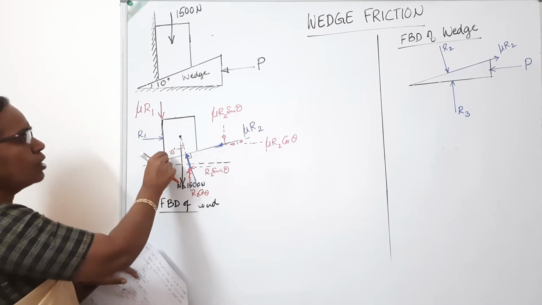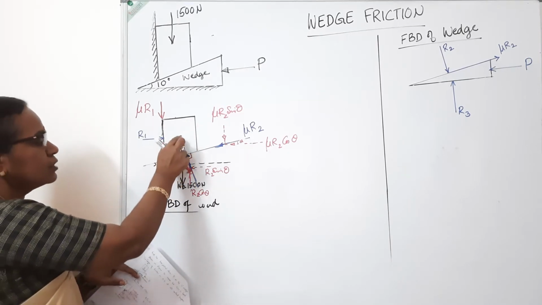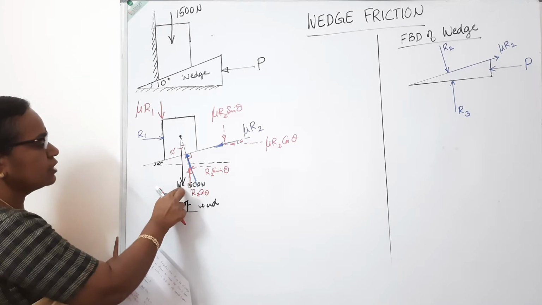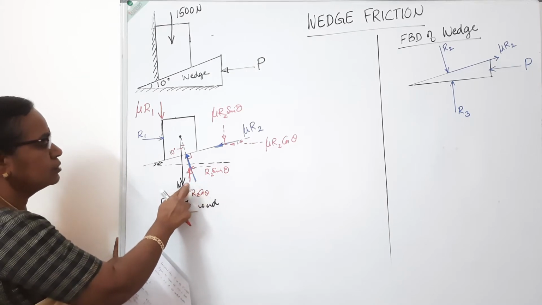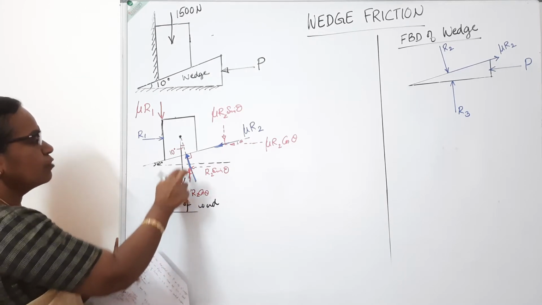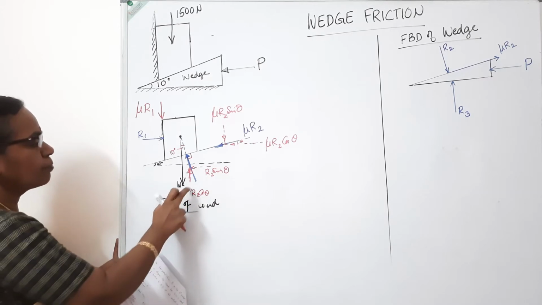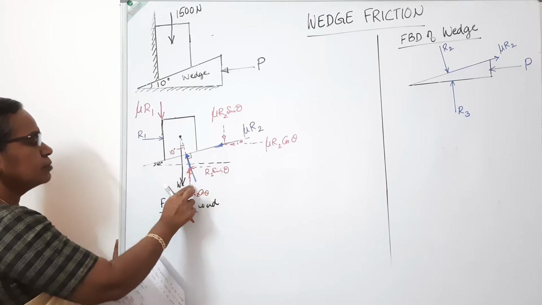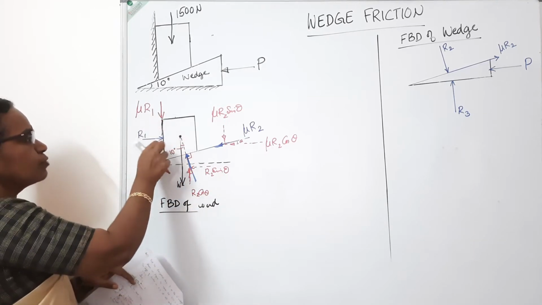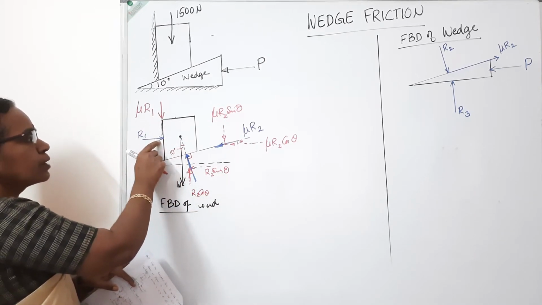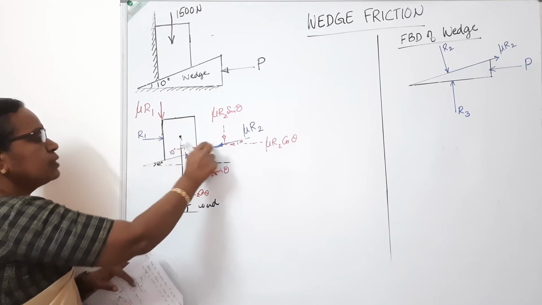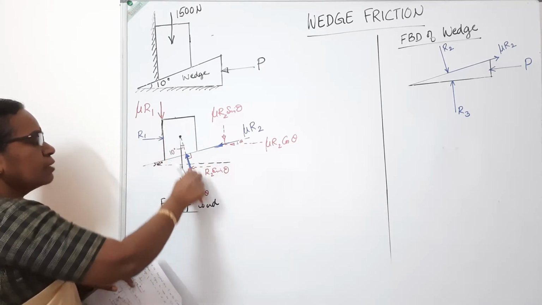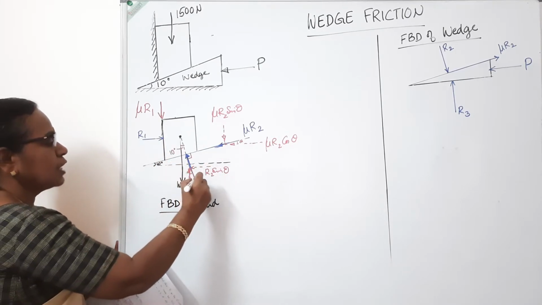Considering the block, first of all mark the self-weight W acting vertically downward. Then the normal reaction between this surface and this vertical surface is R1. The normal reaction between the inclined surface and the block is R2.